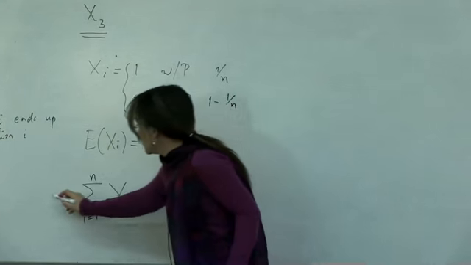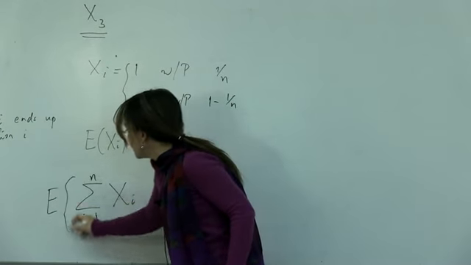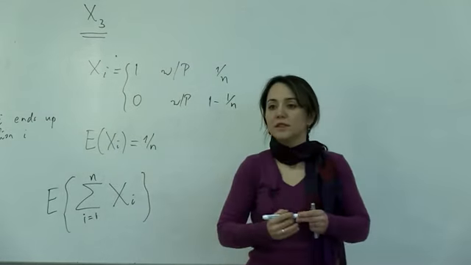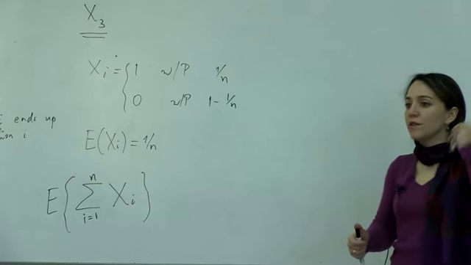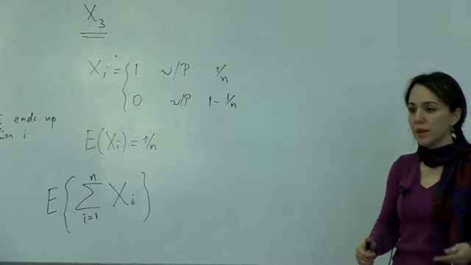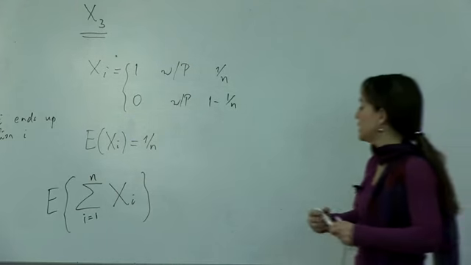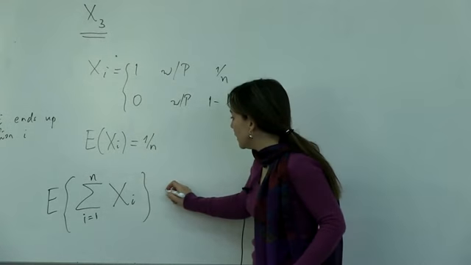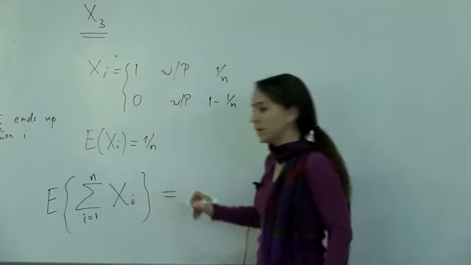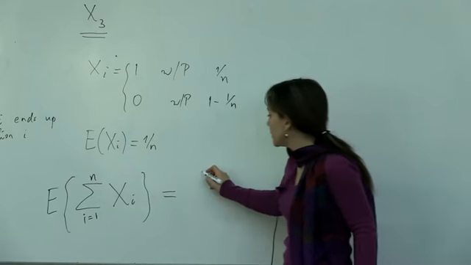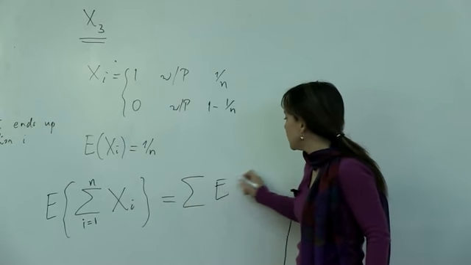So we are interested in the expectation of this quantity. This is the expected value of a sum of random variables. The expectation of the sum of a number of random variables is equal to the sum of the expectations.